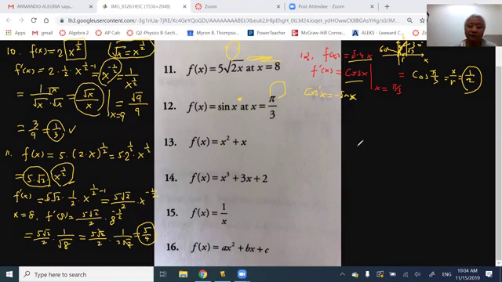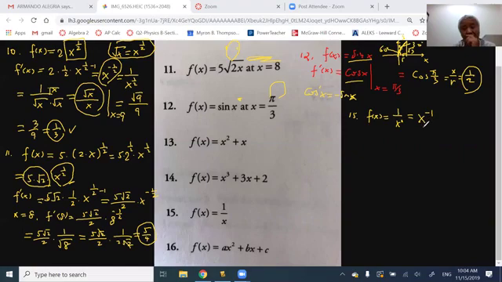So f(x) equals 1 over x. x is the first power, but I can write it as a negative exponent, x to the negative 1 power. That'll be easier.